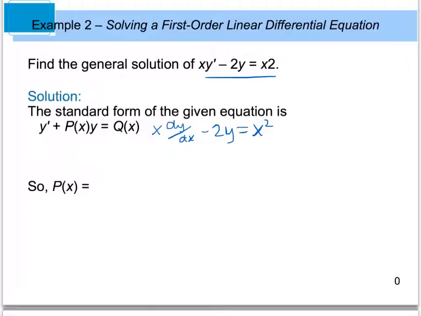Now the one thing that's keeping my equation from being in the standard form is this x right here. So to get that out of there, I'm going to have to divide everything by x so that I'm left with just a dy/dx.